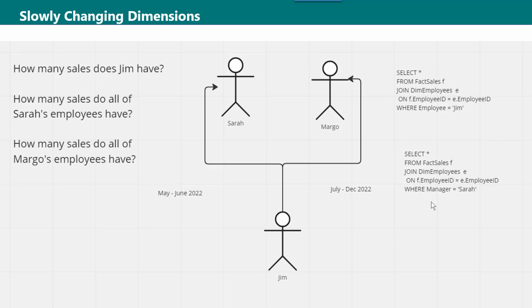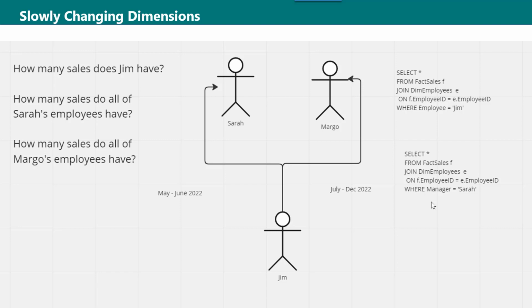Now, the problem is when Jim gets reassigned to Margot in the source system, if we don't have a mechanism of recording that, all of Jim's past sales before July 1st now get assigned to Margot. That is obviously inappropriate and it gives us bad analytics. If we're trying to measure something like who's our best manager, it doesn't give us a very good view of that. So we've lost the record and now we've got inconsistent and bad analytical data.